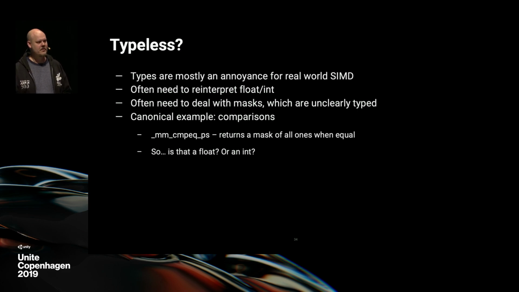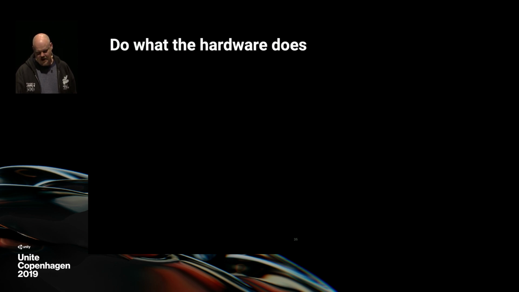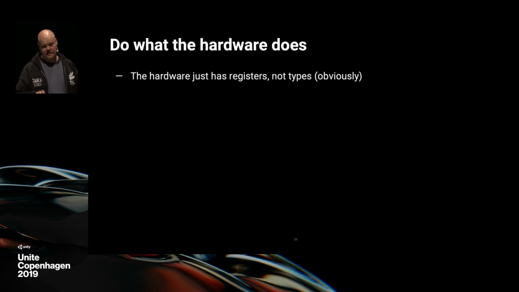If I'm comparing floating point numbers, well, this is where libraries come up with this problem, and they're like, I think it's float, but all 1s is not a valid float. So what we're going to do for this level of abstraction is just do what the hardware does. Essentially, there is no abstraction.